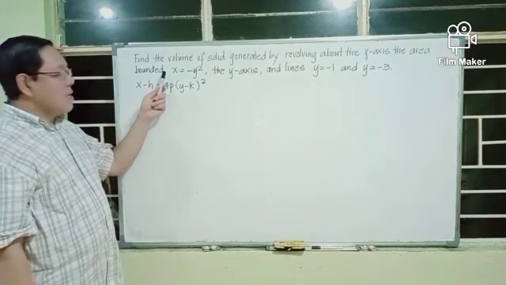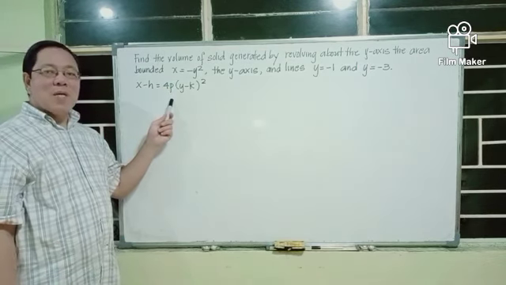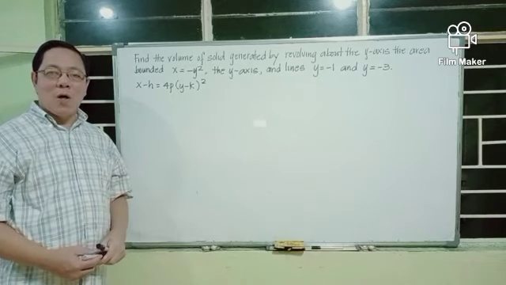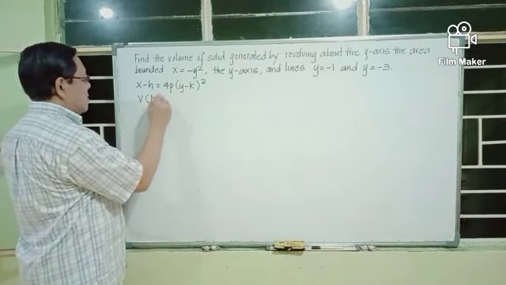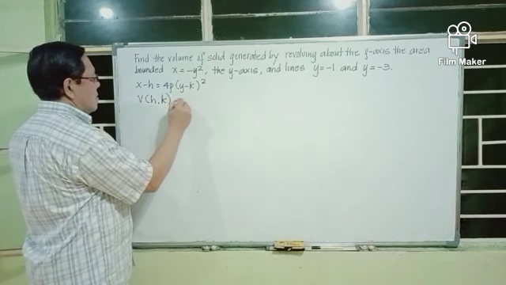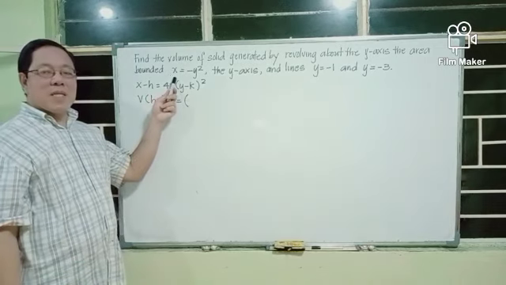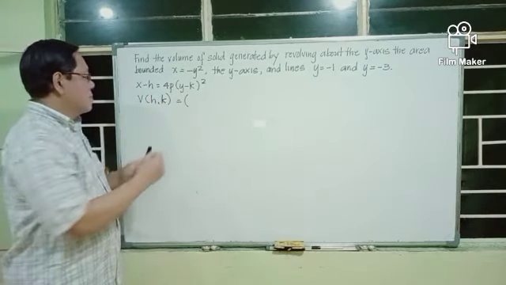Comparing this given equation of the parabola with this general form, the vertex (h, k) is at the point 0, 0 or the origin. x can be written as x minus 0, therefore h is 0.